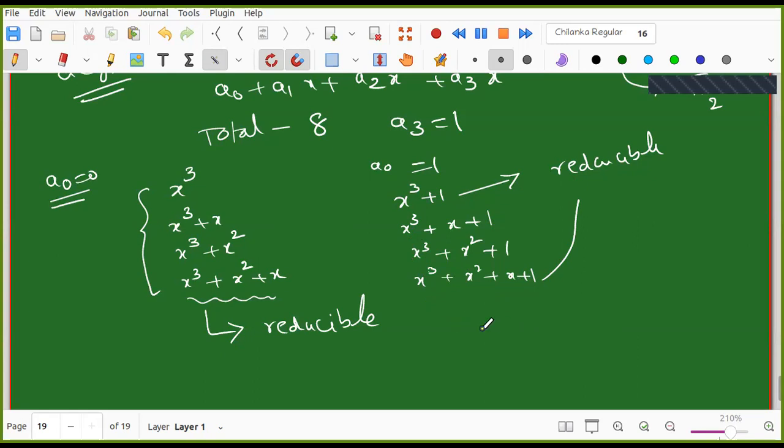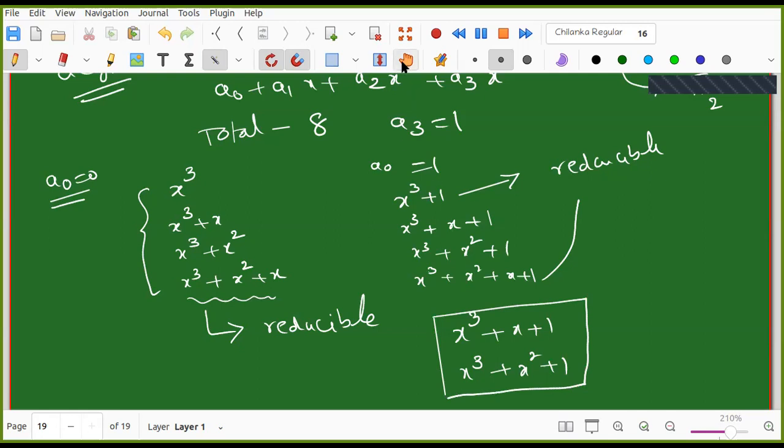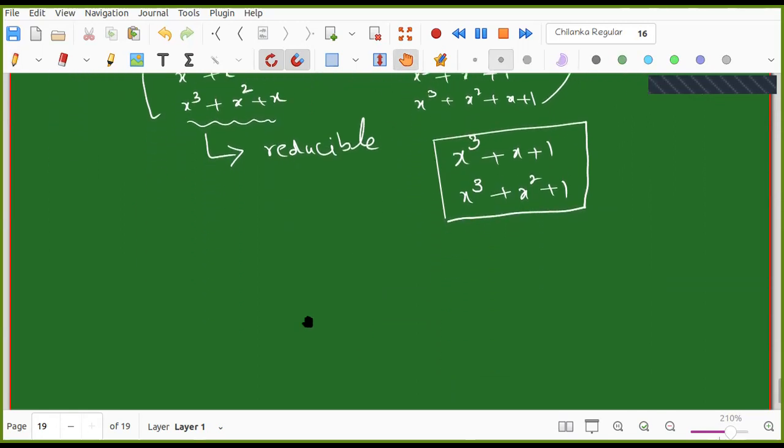And so what are the irreducible polynomials of degree 3 over F2? x cube plus x plus 1 and x cube plus x square plus 1. So these two polynomials are of degree 3 and irreducible.